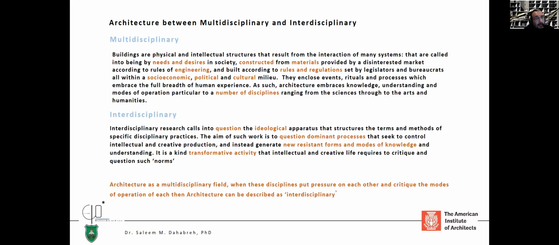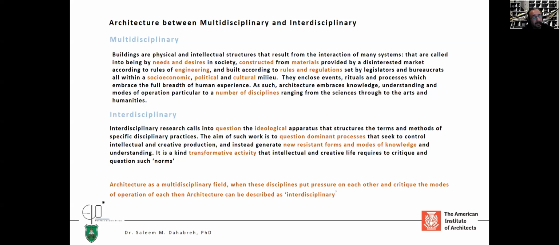They are constructed from material provided by the market, guided via engineers, built according to the rules and regulations of a certain context. They enclose human behavior, and as such, any work of architecture embraces knowledge, understanding, and modes of operation particular to a number of disciplines. In that sense, it is multidisciplinary.